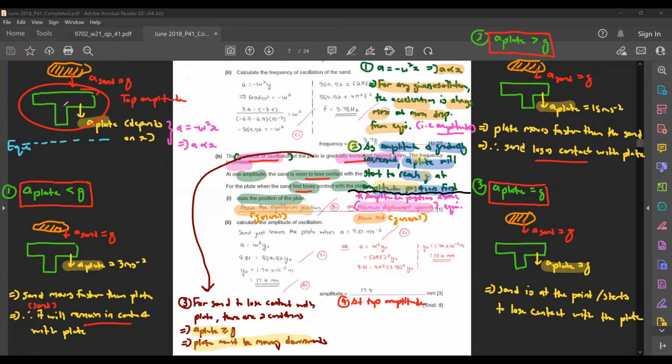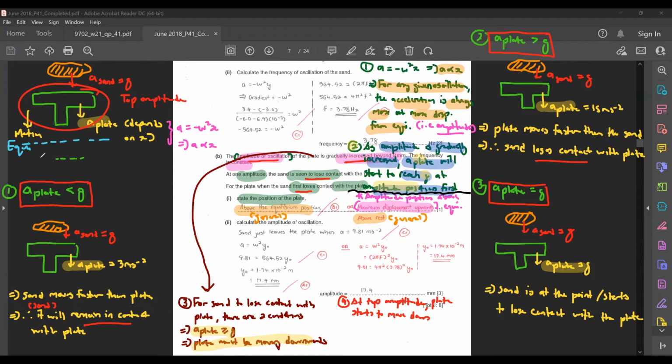In the next instant of time, once your plate has reached the top amplitude position, it's correct to say that your motion will be downwards, right? Because you already reached all the way to the top at the amplitude, the next subsequent motion would obviously be downwards, okay? So you see, at the top amplitude, your plate starts to move down.